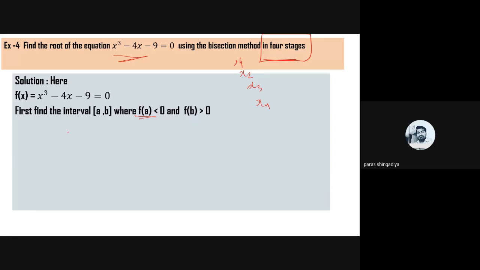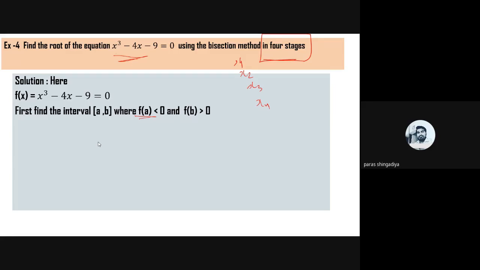Any other possibilities there? Which will be the suitable interval?